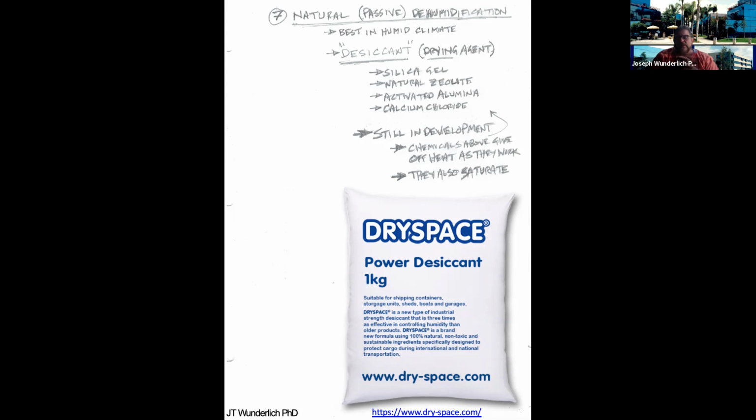Still in development. No, I made that note several years ago. I'll probably check, but the chemicals above give off heat as they work. They also saturate with humidity. I've heard of people doing this kind of thing while camping, but I don't know much about it, and this is something you could look into yourself.